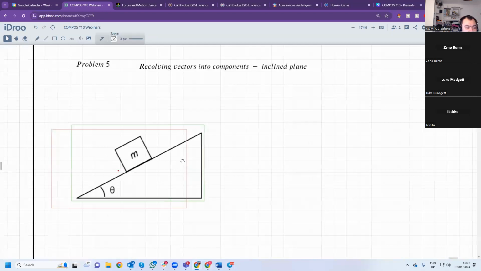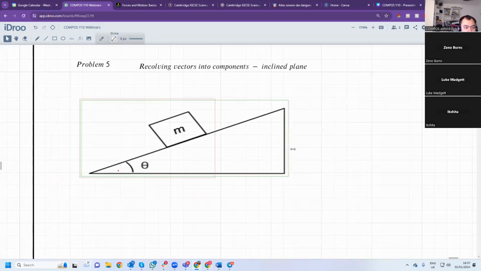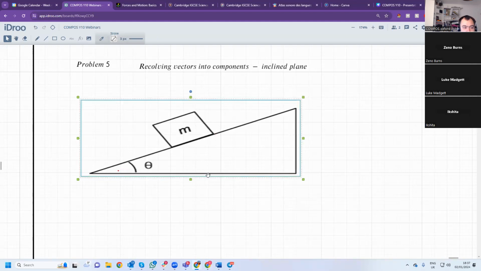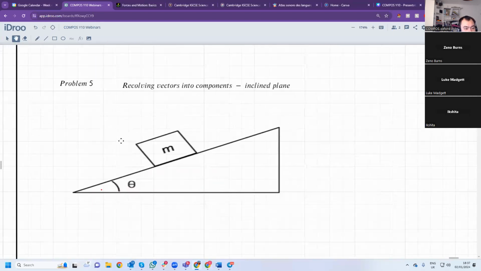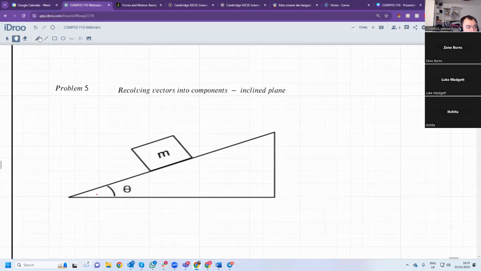You have a mass on a slope. I'm just gonna stretch it like this slightly. You have a mass on a slope, and you want to draw the forces acting on the mass. And there are two. One force is down, is the weight of the box. This is the weight of the box pulling down.